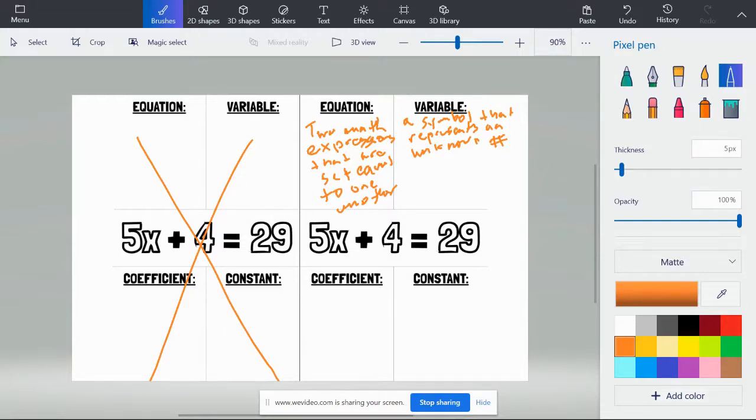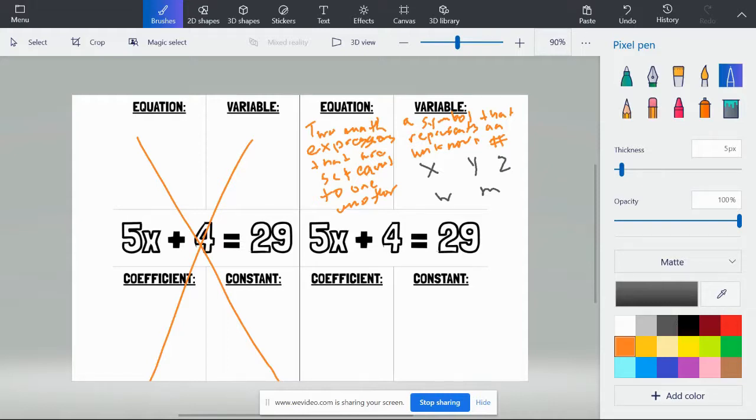For example, you could have X or Y or Z or W or M. Really, any letter. You can use any letter. Sometimes you see symbols or boxes. We're going to stop using those a lot once we get into more advanced math because it just gets a little confusing. But it's pretty much a placeholder. It's a symbol that represents an unknown number.